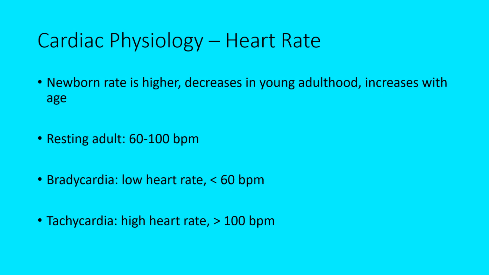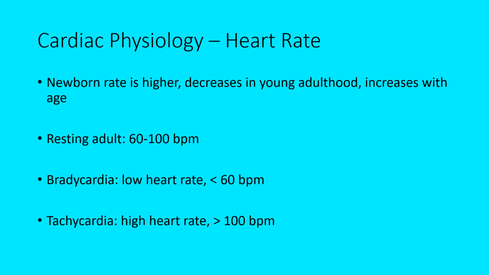Newborns' heart rate is typically higher than adults', and it tends to decrease as you grow up into young adulthood. And then as you get older, it's going to start to get high again. A resting adult typically is between 60 and 100 beats per minute. If it is lower than 60, that is referred to as bradycardia. And then tachycardia is if it is greater than 100 beats per minute.